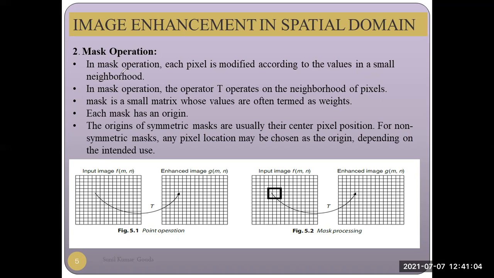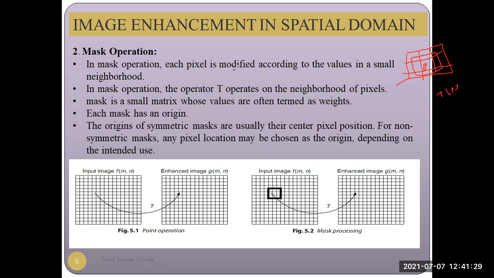So let's take an example. Suppose this is my pixel P. If I perform a modification of this pixel P, it depends not only on what type of transformation I'm performing on P, but also on what pixels are present in its neighborhood.